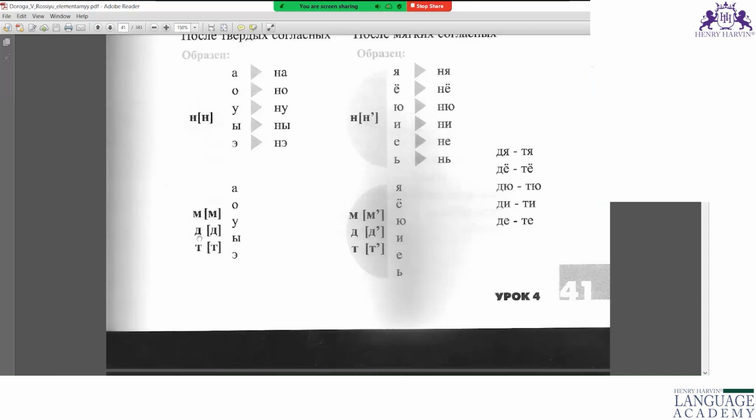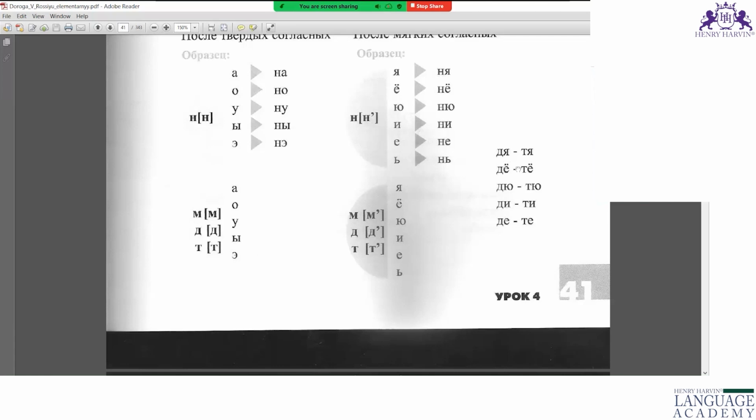Next, this is letter D. Connect. Da, do, du, dy, de. Then letter T: ta, to, tu, ty, te. Padmapriya, please read this.